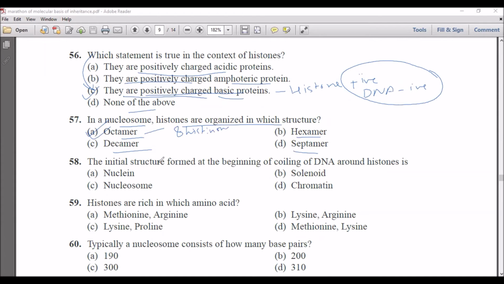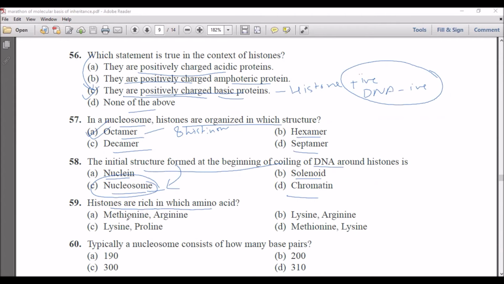Next question is, the initial structure formed at the beginning of coiling of DNA around histone is nuclein, solenoid, nucleosome, or chromatin. Now we know that the structure is nucleosome. DNA is wrapped around the histone in a structure which is known as nucleosome.